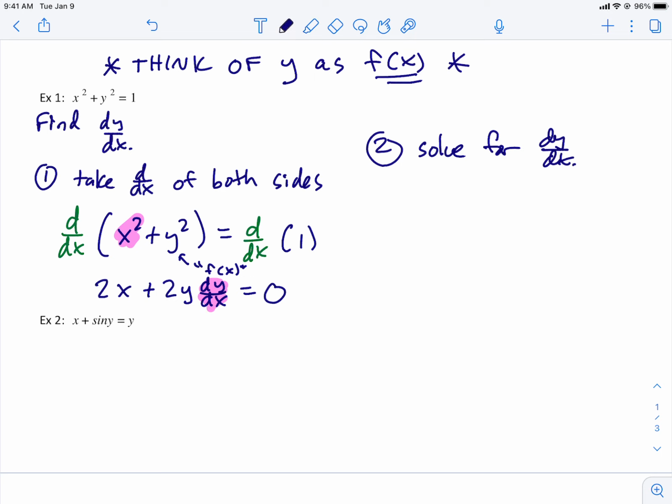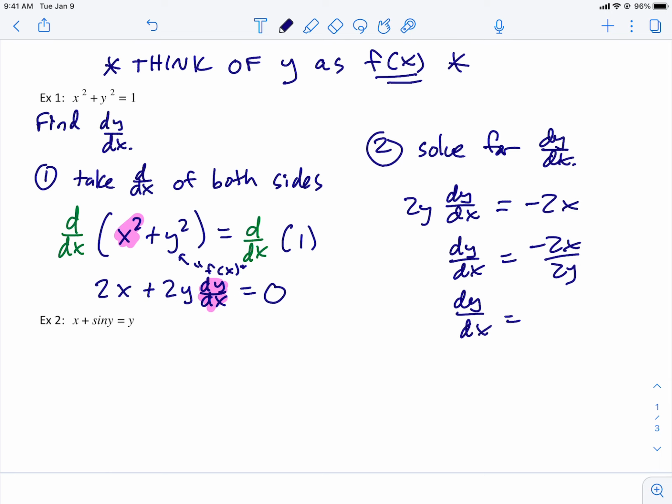I can do that by subtracting 2x to the other side. So now it's 2y times dy dx equals negative 2x. And then if you divide both sides by 2y and simplify, you have your derivative. That'll be negative x over y.